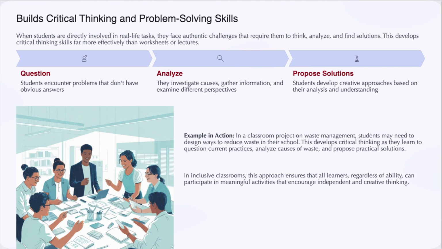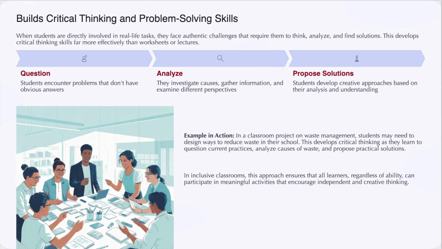Such experiences develop their critical thinking skills because they learn to question, analyze causes, and propose solutions. This also builds confidence as students realize they can use their knowledge to solve actual problems. In inclusive classrooms, this approach ensures that all learners, regardless of ability, can participate in meaningful learning activities that encourage independent and creative thinking.